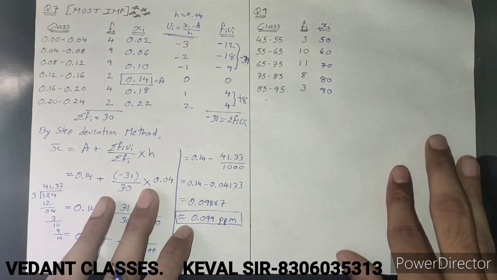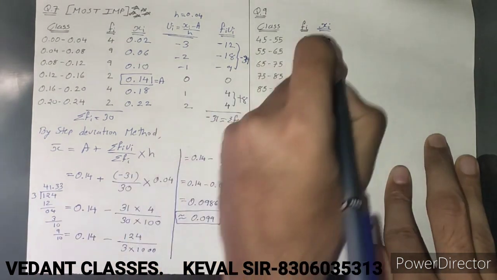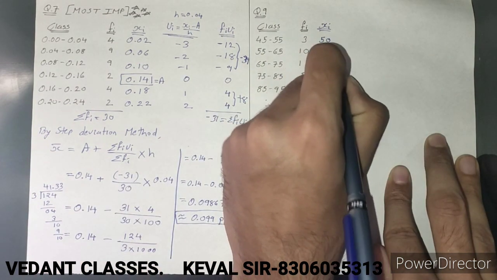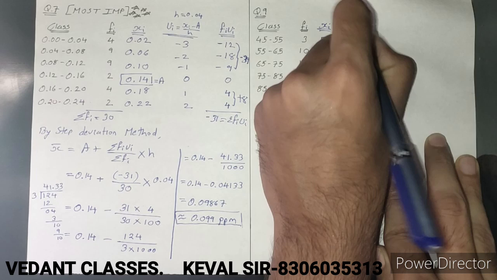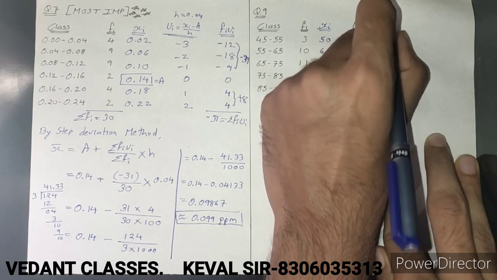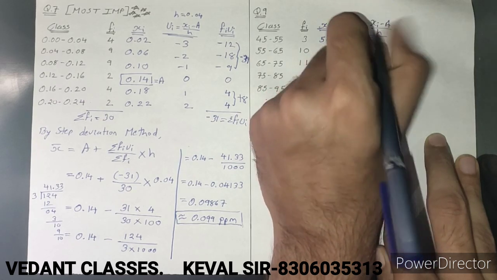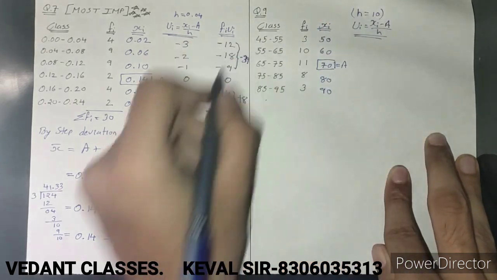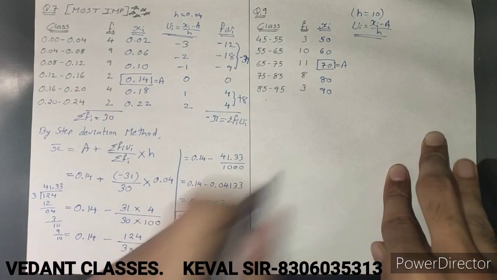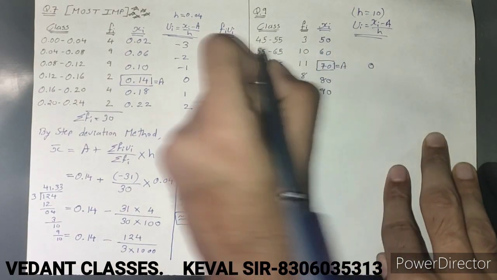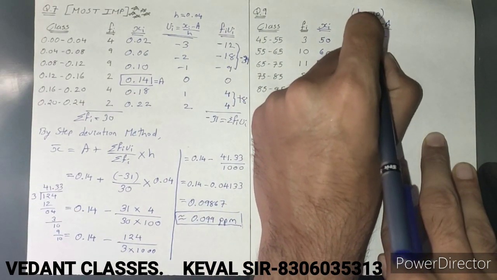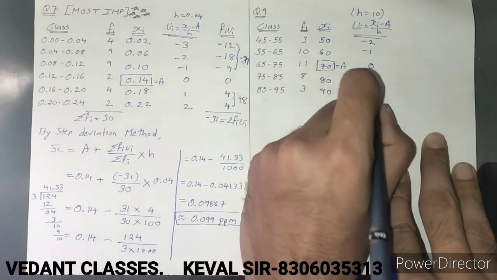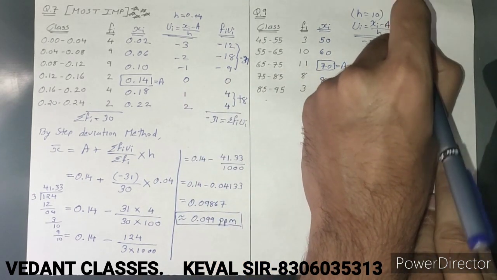Okay, now let's calculate the value of ui. First of all, let's assume the value of a. Then ui is equal to xi minus a by h. Here the value of h is 10. 55 minus 45, so it's 10. The value of ui will become 0, minus 1, minus 2. This will become 1 and 2. So what's the value of fi ui?